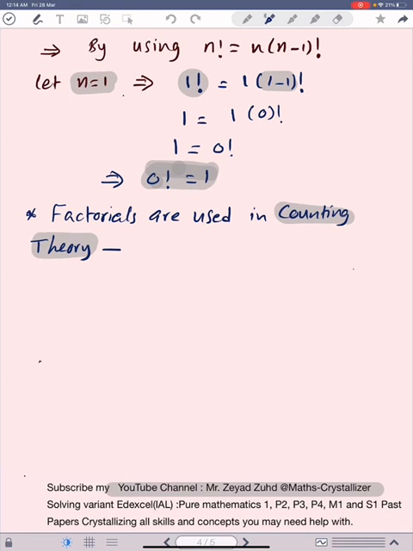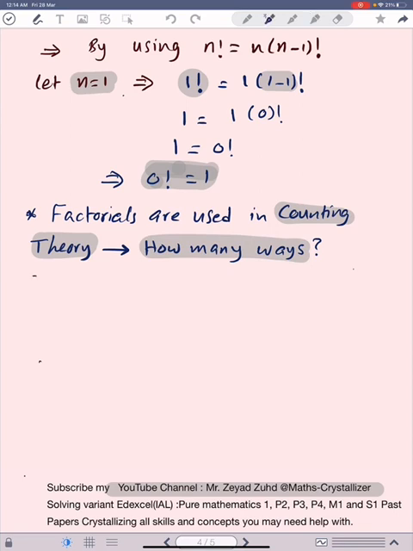We are interested in this session in answering the question, how many ways? Counting the number of ways is one of the uses of factorials.